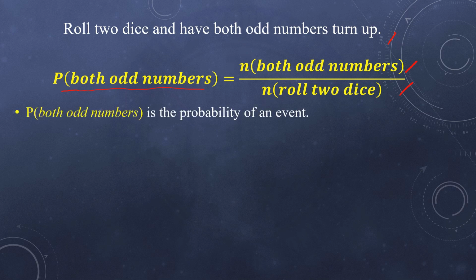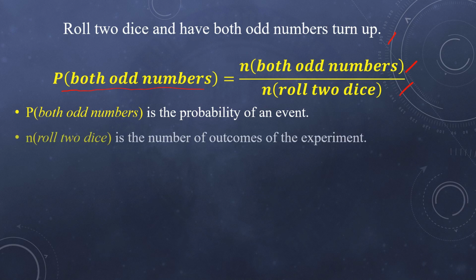Again, P of both odd numbers is the probability of an event. N of roll 2 dice is the number of outcomes of the experiment. So, our solution is this.